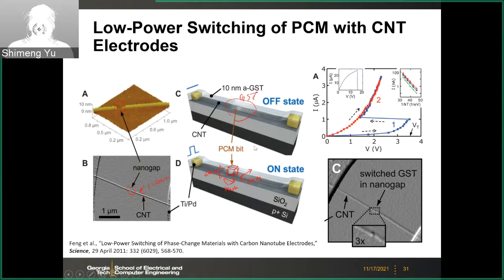Anyway, the result on the right hand side shows that the reset current can be reduced to 1 microamp. So this is the lowest reported current to switch the phase change memory.